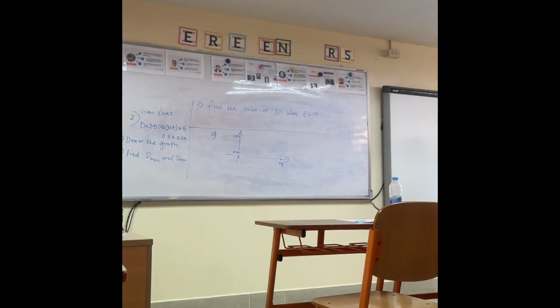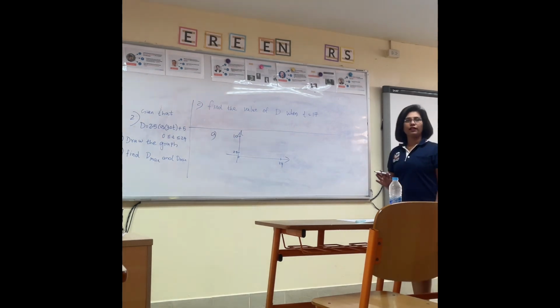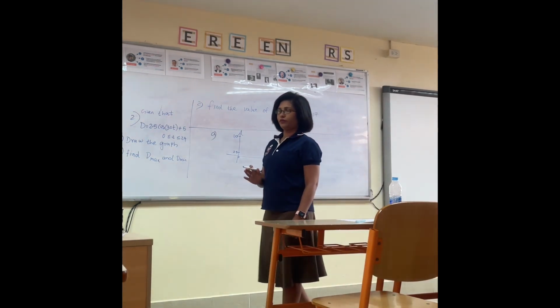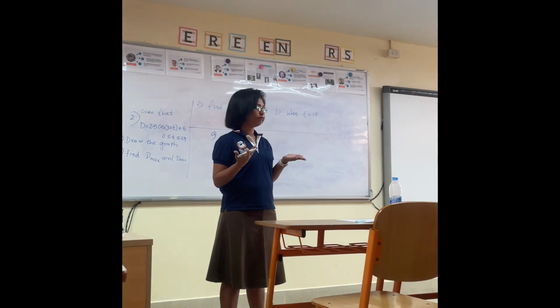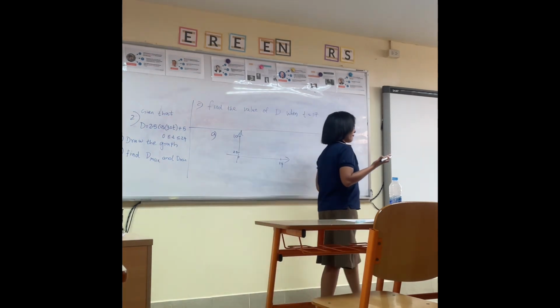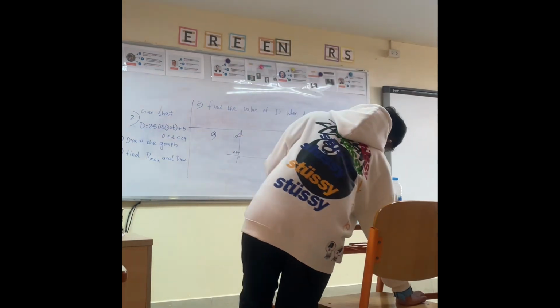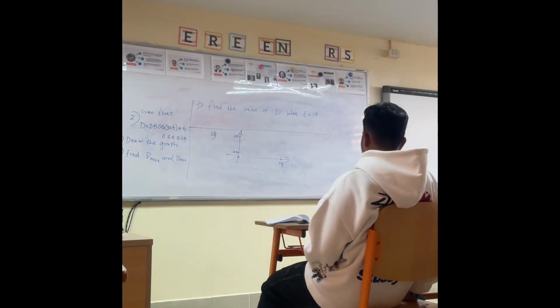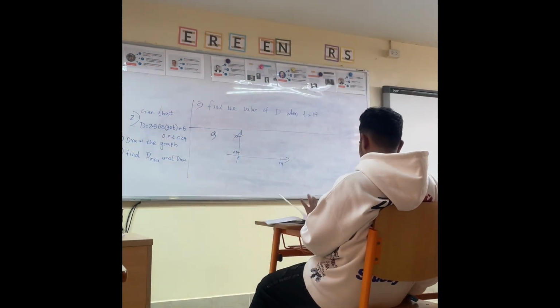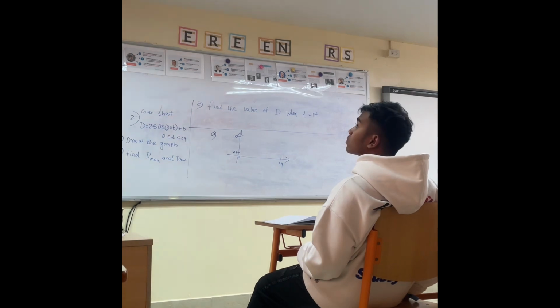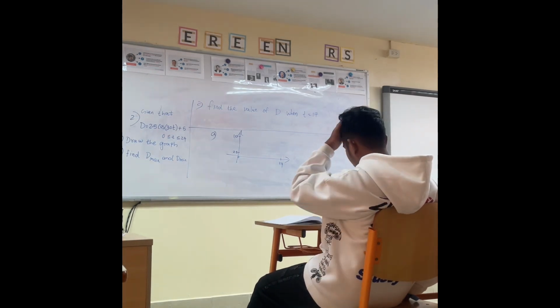How will you draw the graph usually? Teacher, my x is negative 2b minus 9. Let me see. Can I see your equation? 2.5 cos of 30x plus 5. Okay.